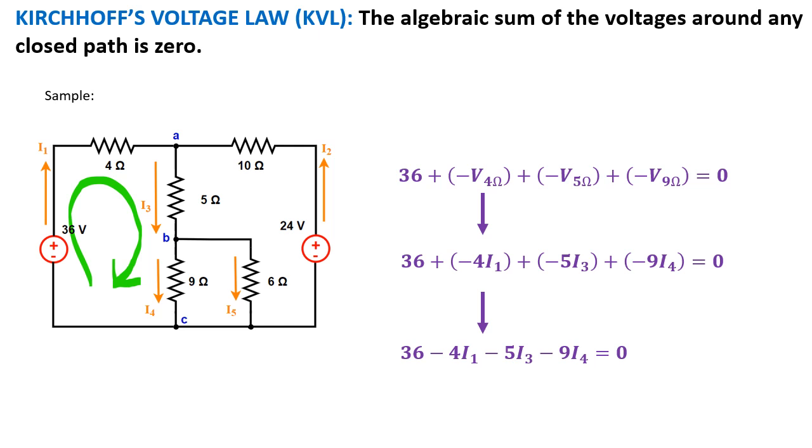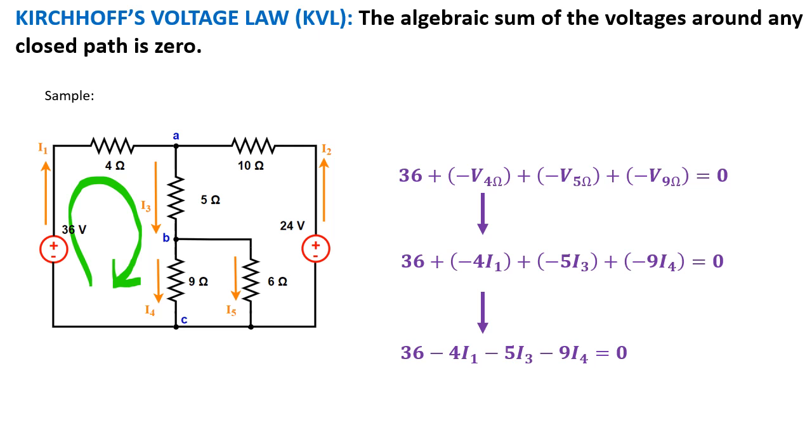Same with our voltage drop across the 5 ohms. That is why we have negative 5 ohms right here, and our voltage drop across the 9 ohm resistor. So 36 volts is positive. Voltage drop across 4 ohms is negative because the loop direction is the same as the current direction. And so with your voltage drop across your 5 ohm resistor and your 9 ohm resistor.